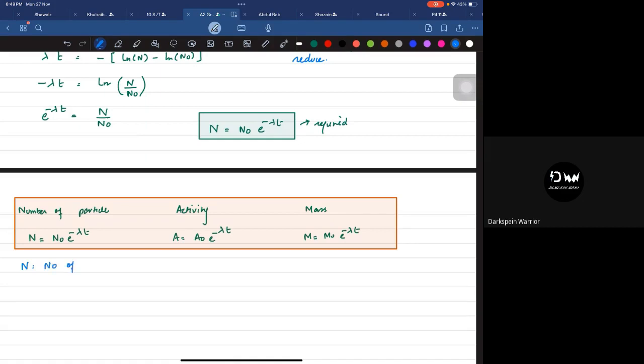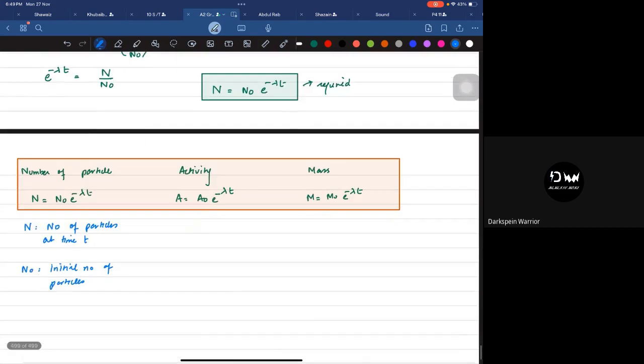So number of particles at time t is this equation. N naught will be the initial number of particles, and then lambda is the decay constant that we have just done, and then t is the time elapsed.